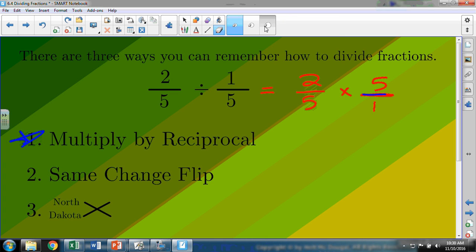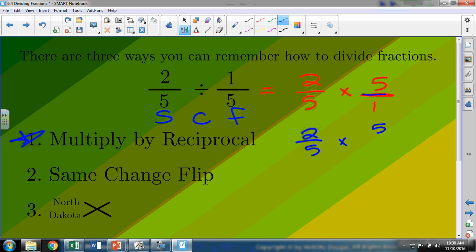Sometimes you'll see teachers wind up telling you the first one stays the same, division gets changed, and then you flip the second one. And you'll notice the goal behind this is that you wind up writing things down: 2 over 5, dividing gets changed to multiplying, 1 over 5 gets flipped to 5 over 1.